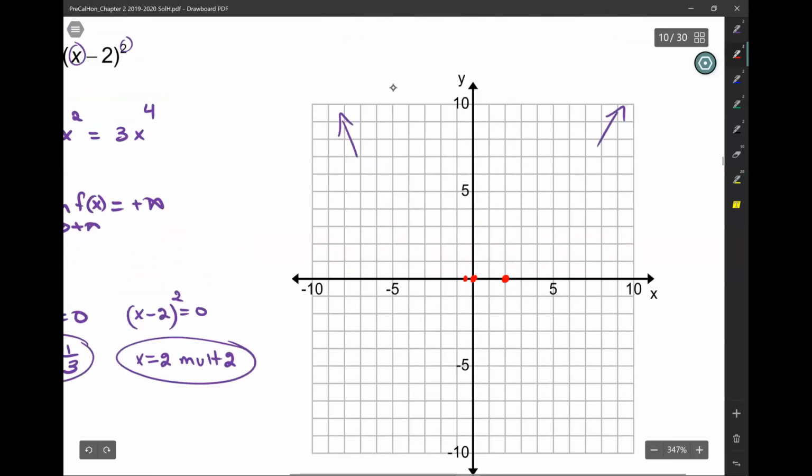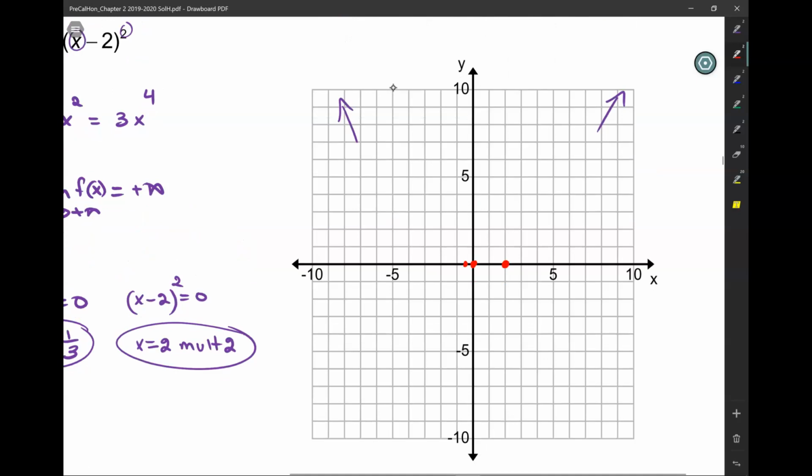Now, at 2, there is an even multiplicity, so it has to turn back around. So now, if my graph is going up on the left, then going from left to right, the graph is decreasing like this, right? When is the first time it's going to hit the x-axis? At negative 1/3. And when it hits negative 1/3, is it going to cross or turn around? It's going to cross, because it's an odd multiplicity of 1.